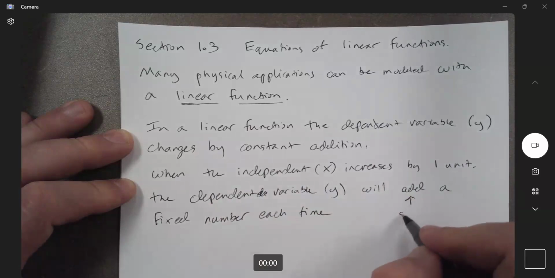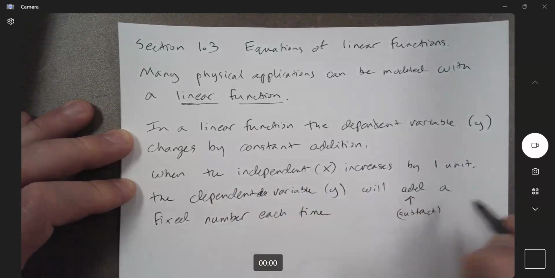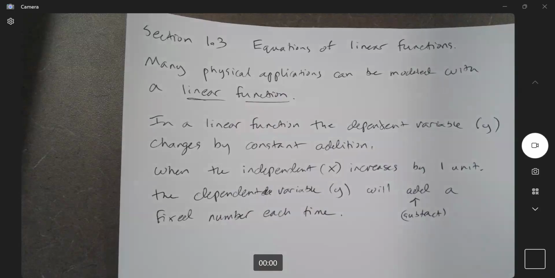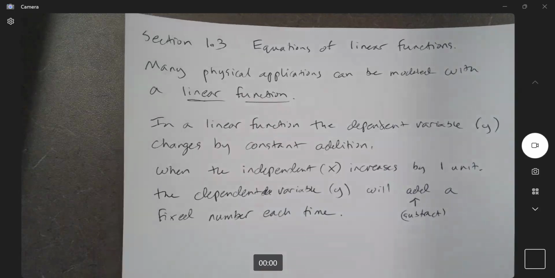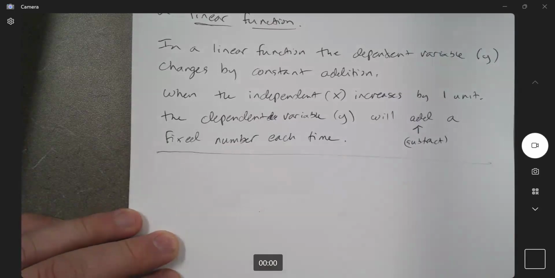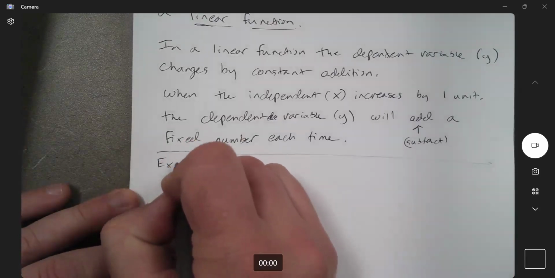And add could also be subtract, as we think of addition and subtraction as being two sides of the same coin. So we're going to look at all four representations of linear functions and figure out how to build those equations. We'll start with a verbal representation of a linear function.